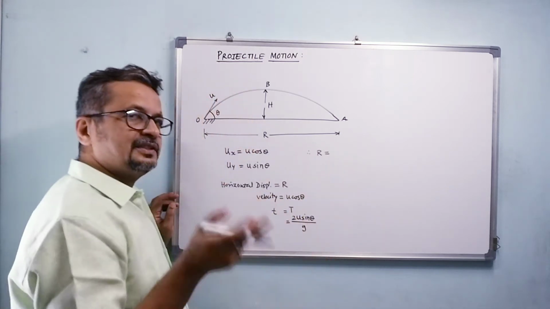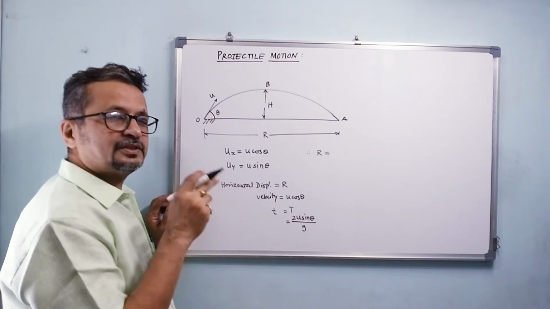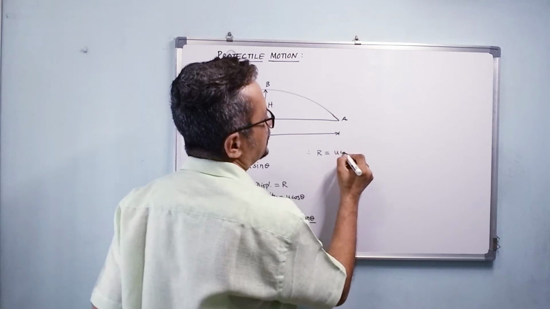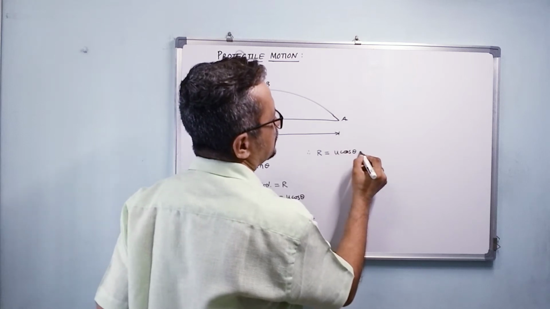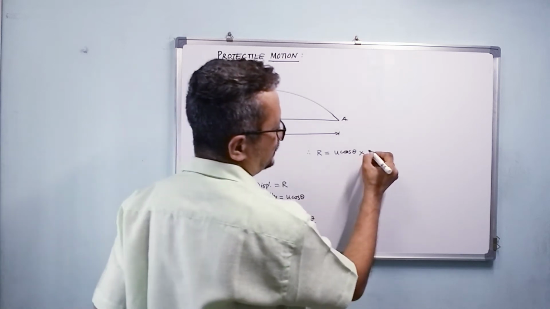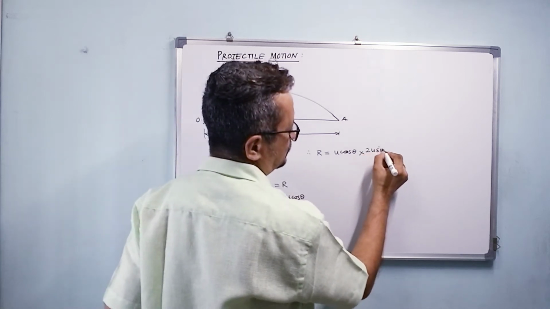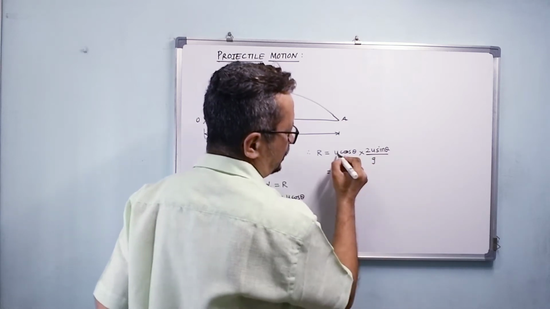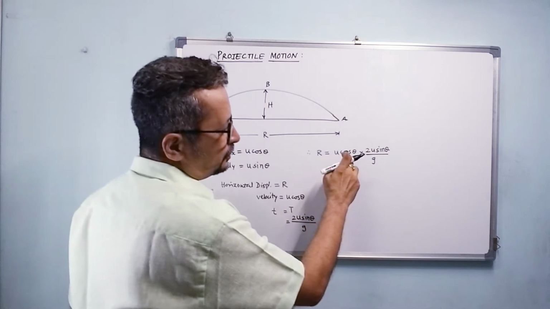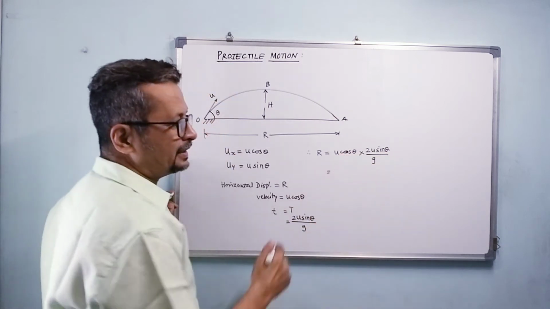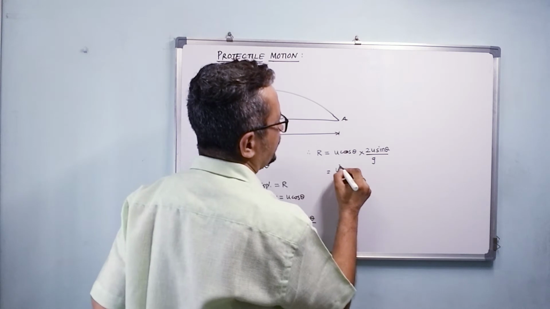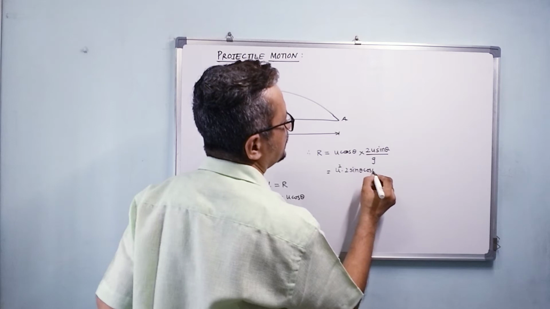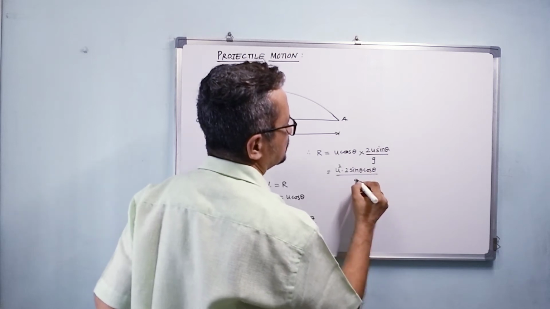So now my distance is equal to, see, velocity is distance upon time, correct? So distance would be equal to velocity into time, that would be u cos theta into time, which is 2u sin theta upon g. So that would be equal to u square into 2 sin theta cos theta upon g.